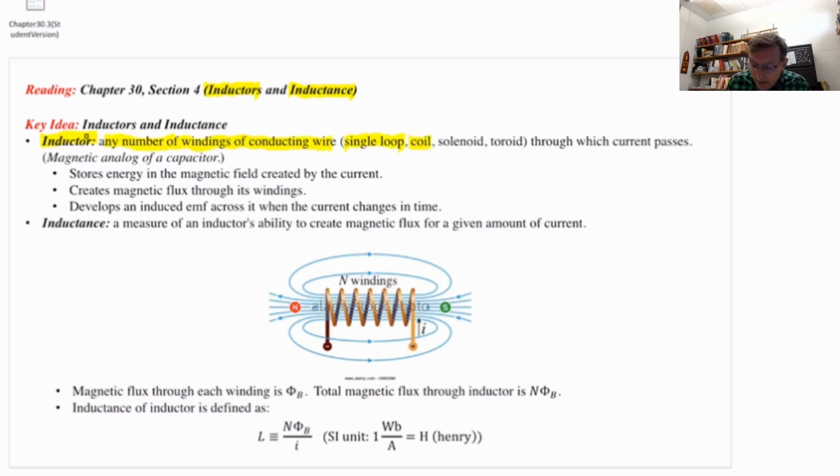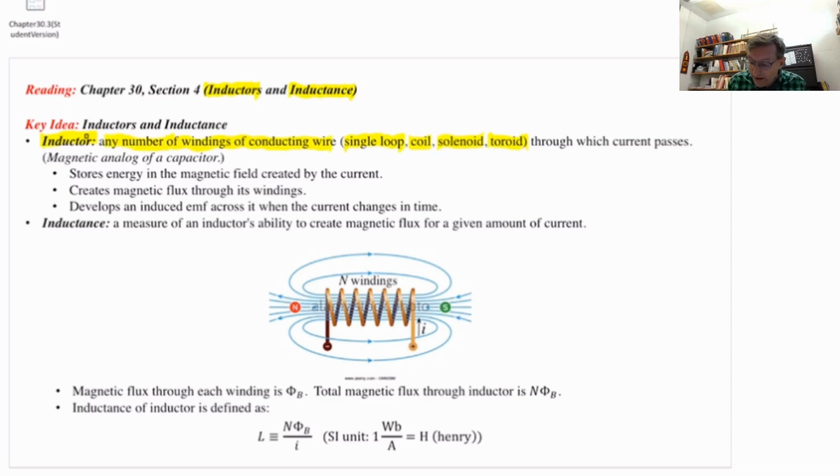It could be a more specific kind of situation, a solenoid, which is when you take a cylindrical frame that's quite a bit longer than its diameter, and you just wrap the wire carefully, turn by turn, from one end to the other. Or it could be a toroid, where you take a solenoid and you wrap it around and connect the two ends together to make a donut shape. So it's any number of windings of conducting wire.